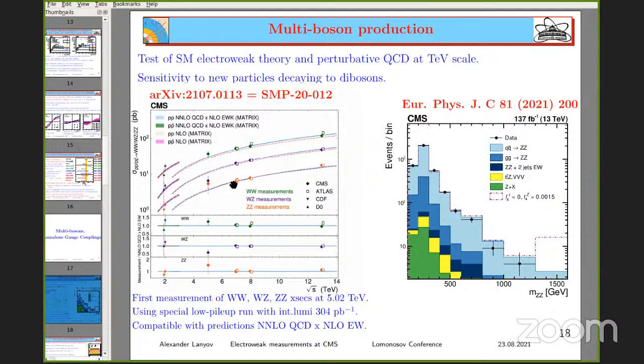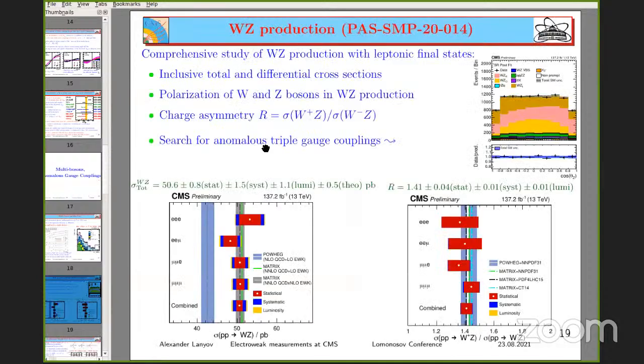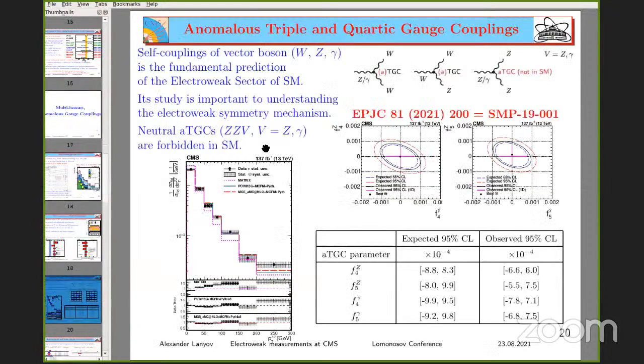The results present cross sections for different channels, which agree with Monte Carlo. This also gives anomalous triple and quartic gauge couplings, which are important from the point of view of checking the electroweak sector of the standard model, where there are self-couplings of these vector bosons.